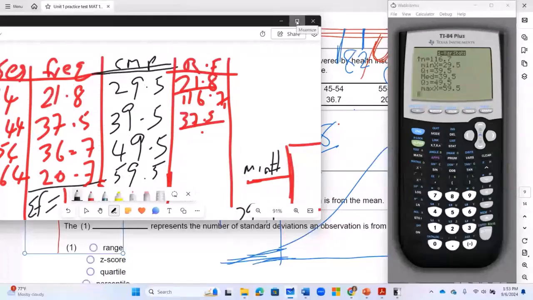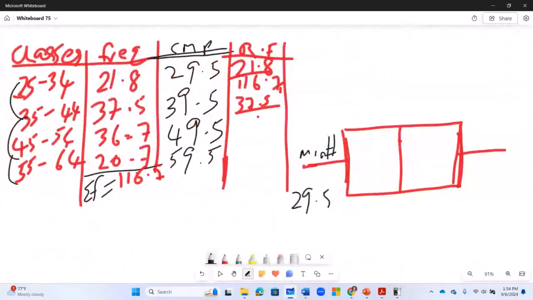Anyway, so I can maybe take a picture of that way. Even if it runs away, I can still see. All right, so now I can make my big. So the minimum number is 29.5.